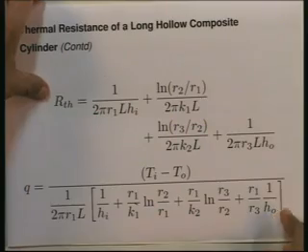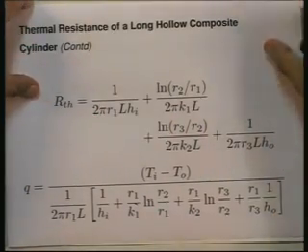I could also, for this case, put down an expression for the overall heat transfer coefficient by comparing with my definition of overall heat transfer coefficient. Suppose I want to base my overall heat transfer coefficient on the inner area, that is on the radius R1.